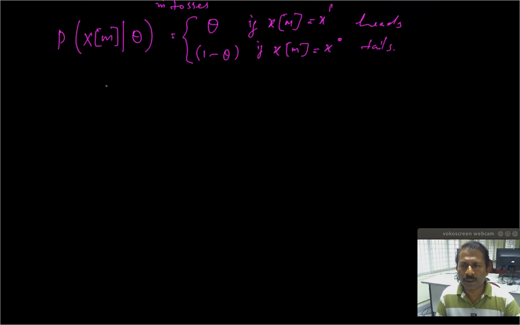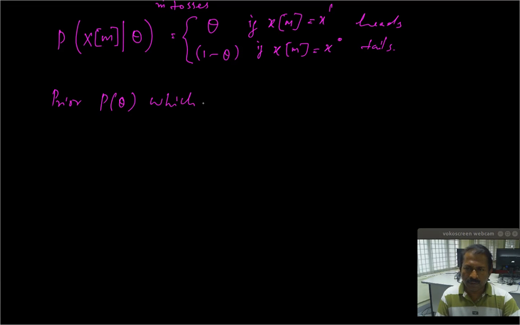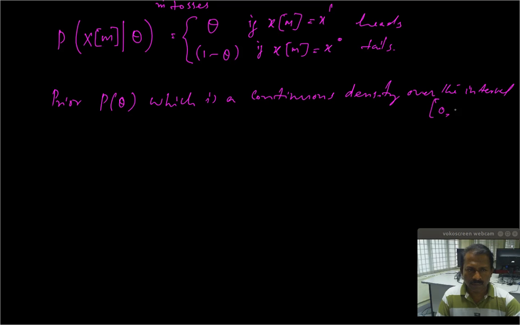So what is our prior? Prior is p of theta, and this is a continuous density function over the interval 0 and 1.